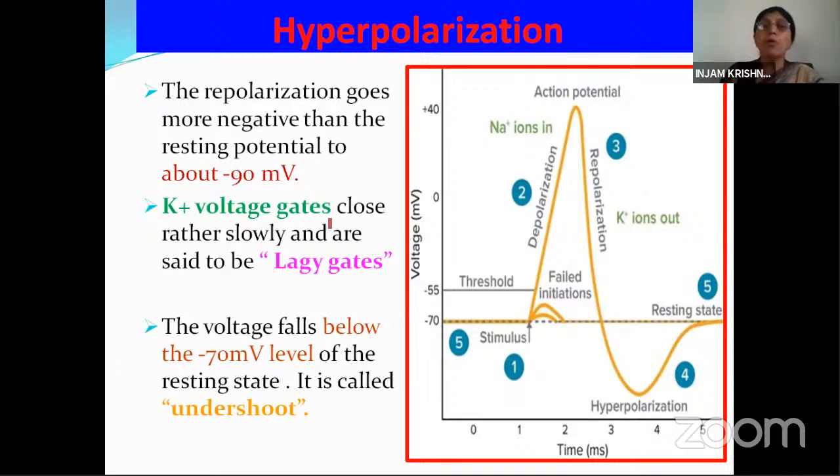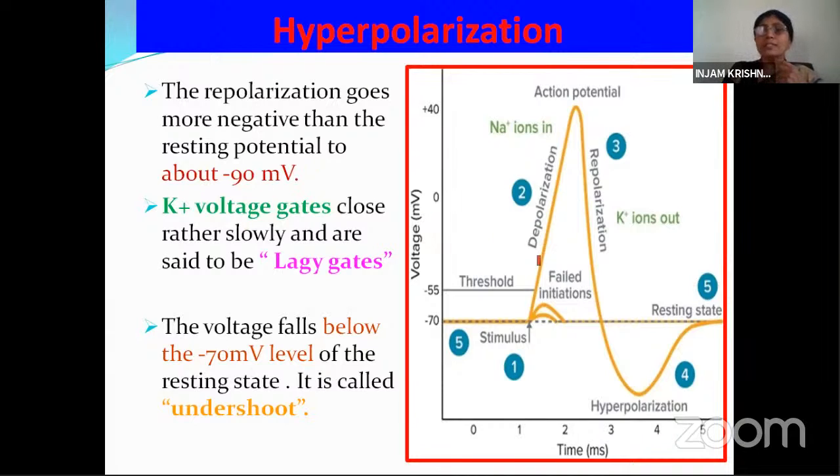Next, hyperpolarization. One more thing may happen here. It may not stop at the point of repolarization or at reaching minus 70 millivolts. Sometimes the repolarization goes more negative than the resting potential, to about minus 90 millivolts. Why does it happen?